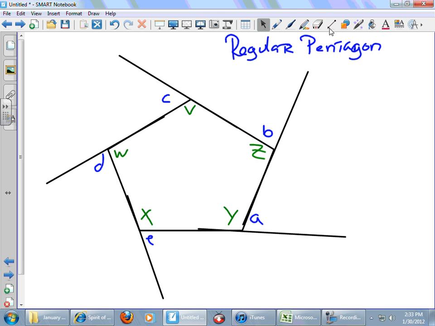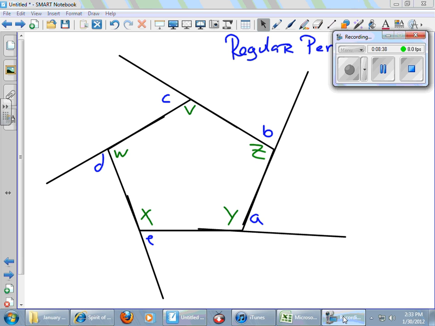All right, go ahead and pause the video, and when you're ready, you can unpause it and see if you're right. Okay, if you've unpaused it, I assume that you're ready to see my solution. Well, I know it's a regular pentagon, so I know that W, X, Y, Z, and V are all the same measure. So all I have to do is figure out how many degrees are in the total shape, and then figure out how many one would be.